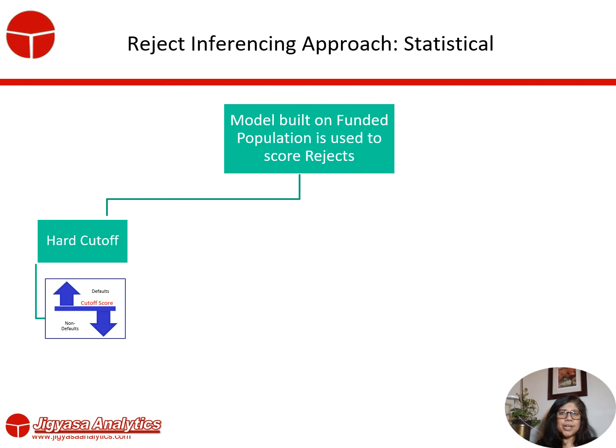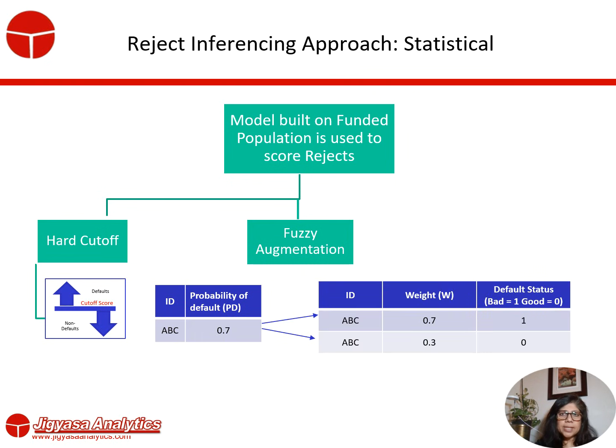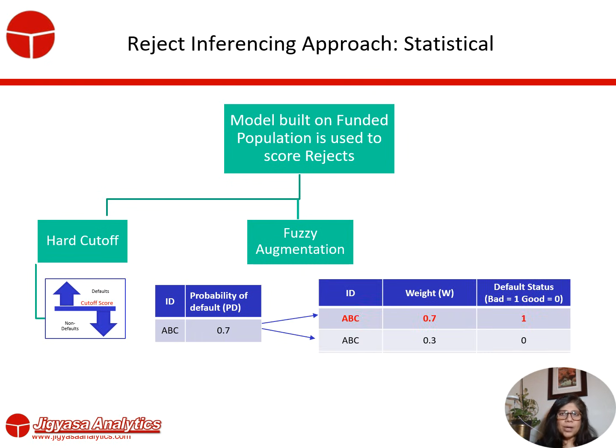Another method of reject inference is fuzzy augmentation. In this method, each rejected applicant is transformed into two separate observations. One observation is given a bad status and a weight equal to the predicted probability of being bad.